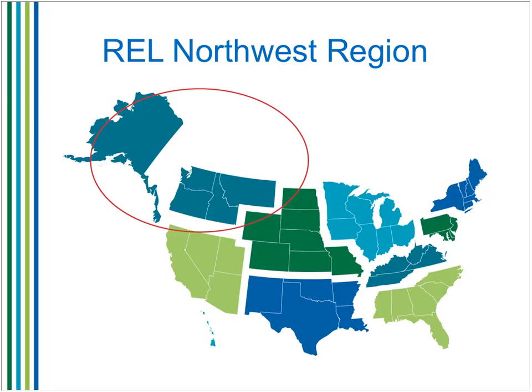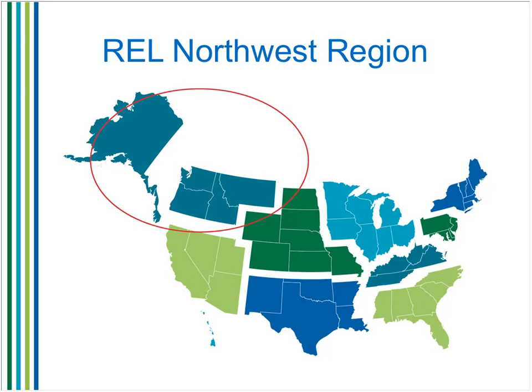Our webinar today is hosted by REL Northwest, which, as many of you know, is one of 10 regional education labs, or RELs, funded by the Institute of Education Sciences and the U.S. Department of Education. All the RELs for many, many years have worked in close partnership with districts, states, and other stakeholders to improve academic and life outcomes for all students.